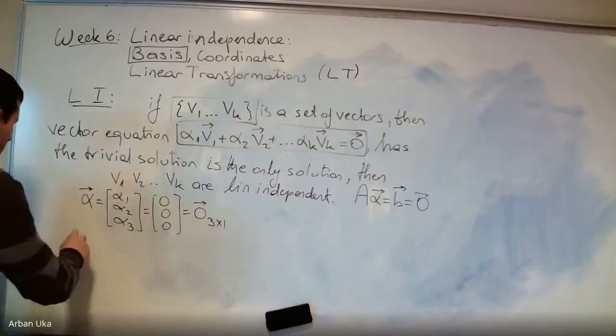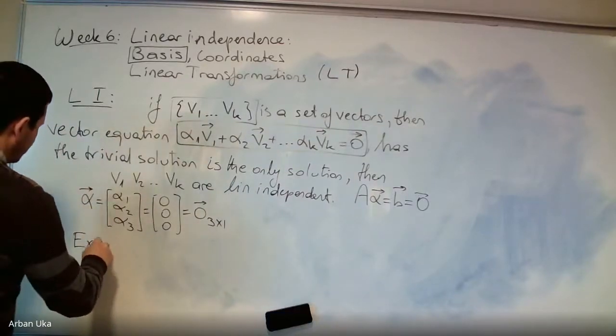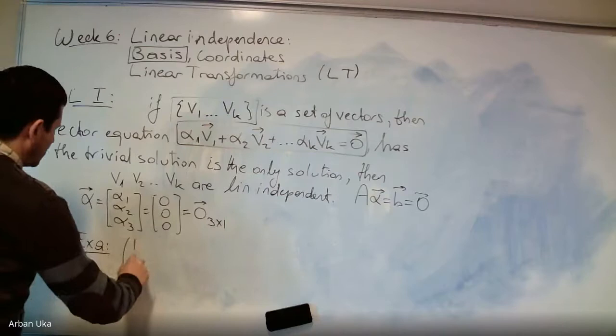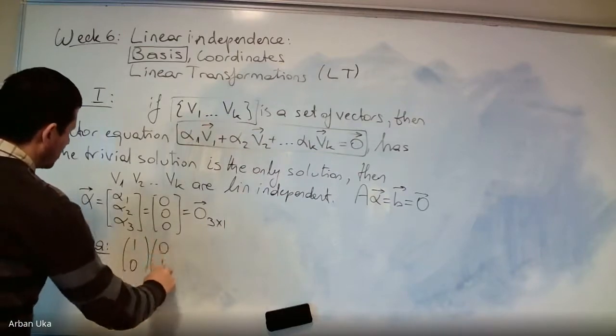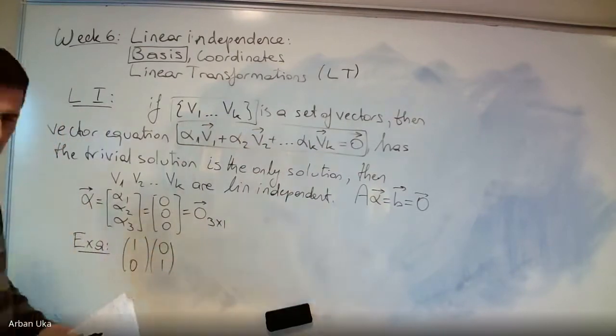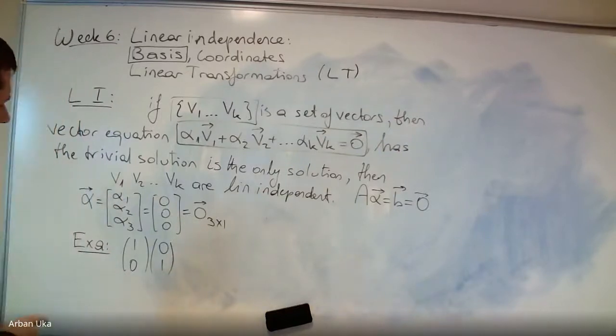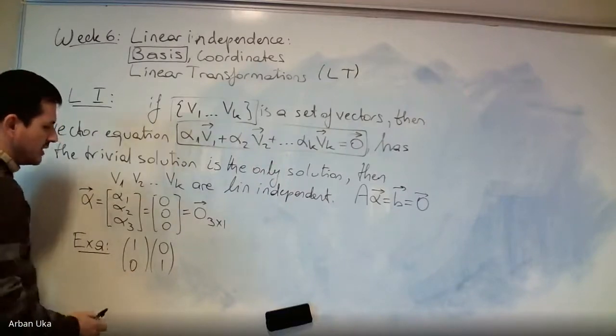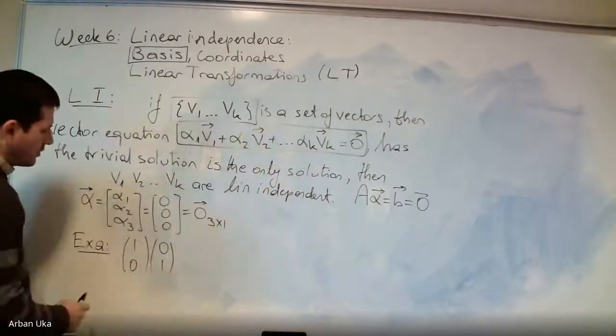Let's give a few examples. Here we have (1, 0) and (0, 1). Are these linearly independent or dependent? They are linearly independent.